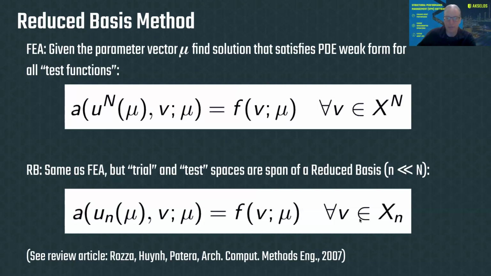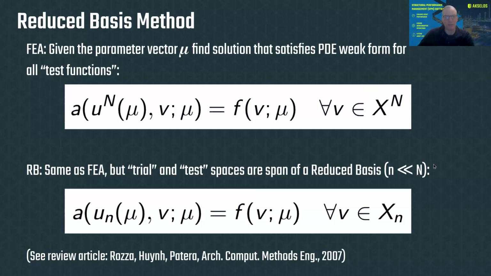You're just looking in a different space. You're looking at a reduced space with a reduced set of basis functions. So instead of the traditional polynomial hat functions on tetrahedra or parallelepipeds or whatever, you have a reduced basis, which is much lower dimension. Little n is much lower dimension than big N.